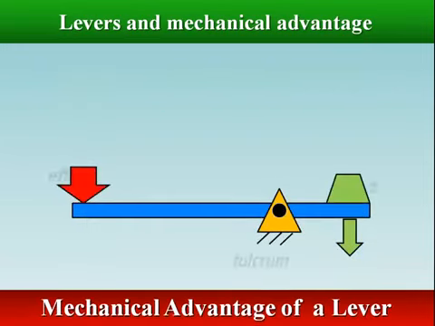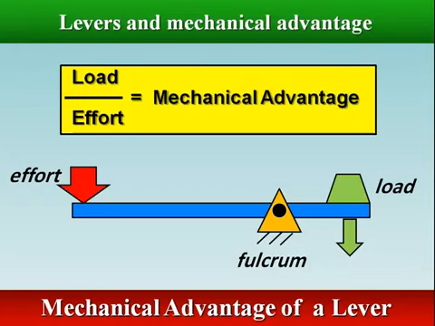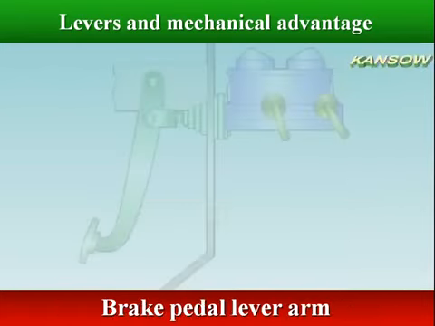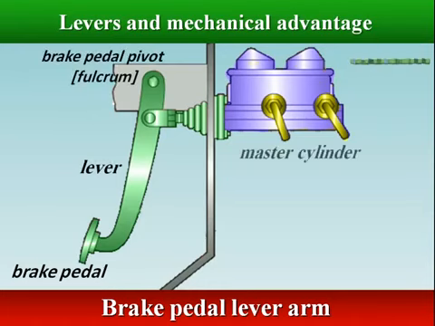The ratio of the load and effort is called mechanical advantage. Using the right kind of lever in the right way allows a user to lift larger loads with smaller efforts. The brake pedal uses leverage to transfer the effort from the driver's foot to the master cylinder.